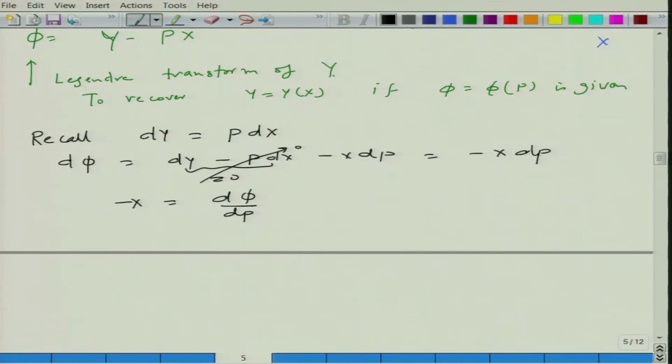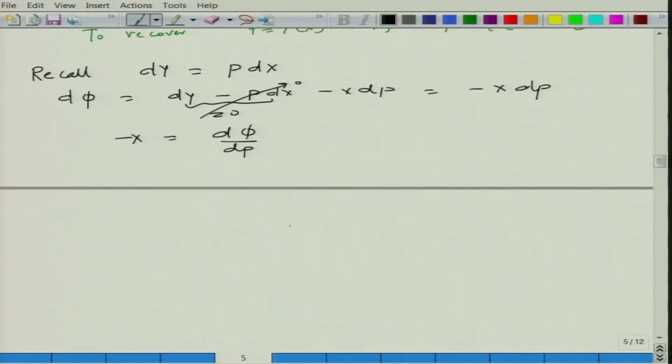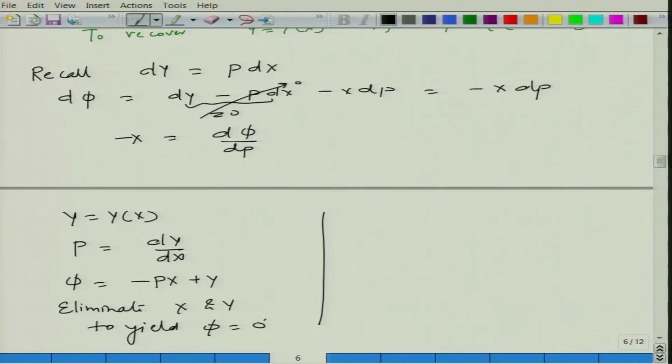Okay. So, let us try to summarize these two approaches. In the case of y given as y of x, the definition we have to make use of is the definition of the slope. This is a Legendre transformation: phi equals minus px plus y, and here we eliminate x and y to yield phi equal to phi of p.